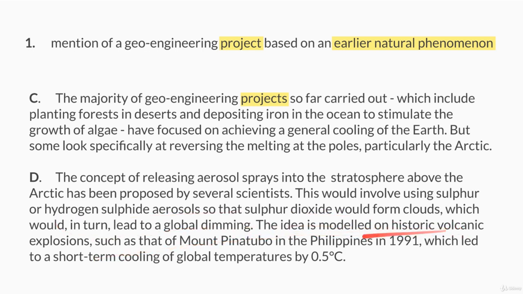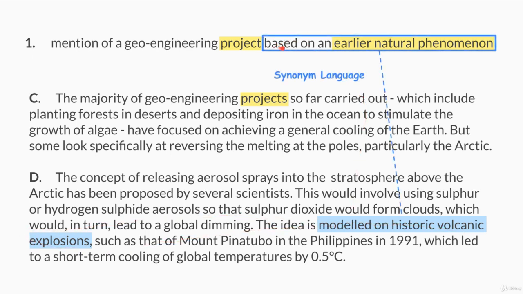Okay, look at that. It says modeled on historic volcanic explosions. Something that is historic is synonym language for something that happened earlier, something that happened in the past. And volcanic explosions are an example of a natural phenomenon. That is synonym language. So modeled on historic volcanic explosions is synonym language for based on earlier natural phenomenon.